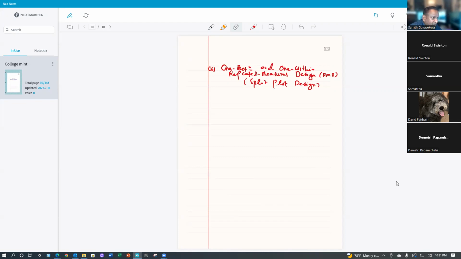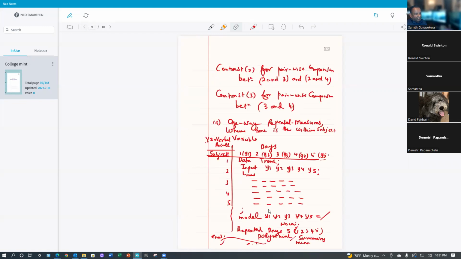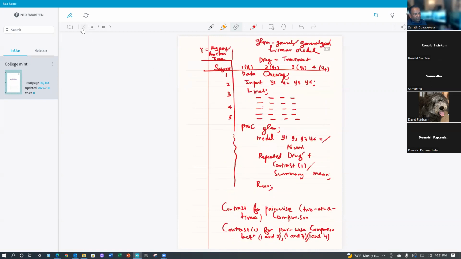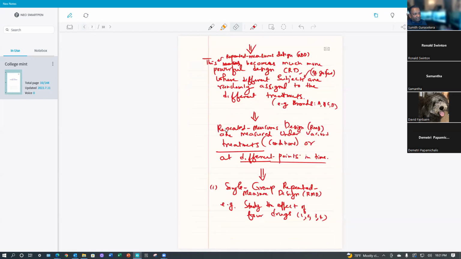Let's say what kind of situation. What do you mean by one between and one within? I'm not talking about the group, okay? Be careful. The groups are gone. One way repeated measures, one group. The same way I can say that. It's the same thing: single group repeated measure design.